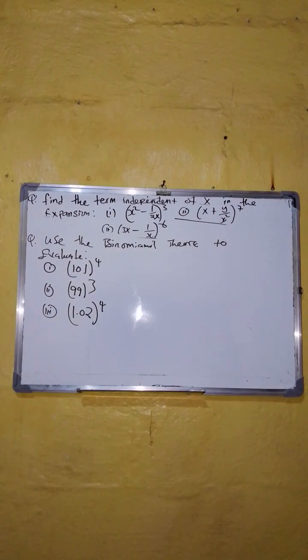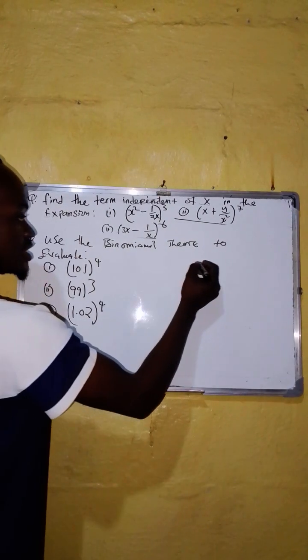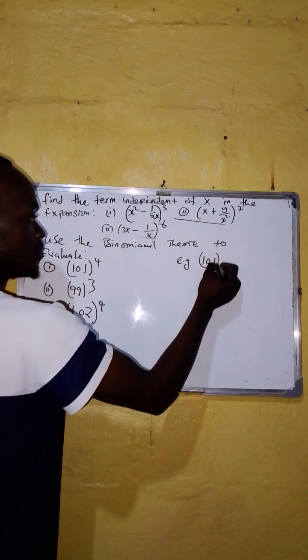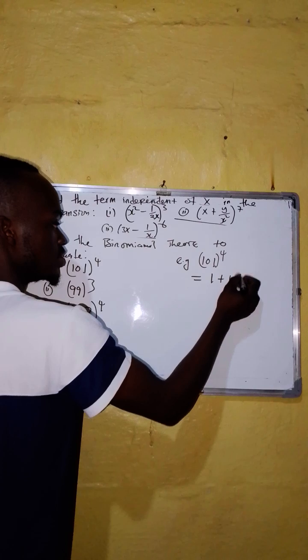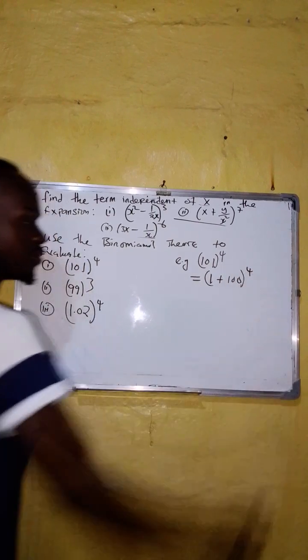So how do you use the binomial theorem to evaluate these 3? Basically, for example, you can take 101 power 4 to be the same as (1 plus 100) power 4.